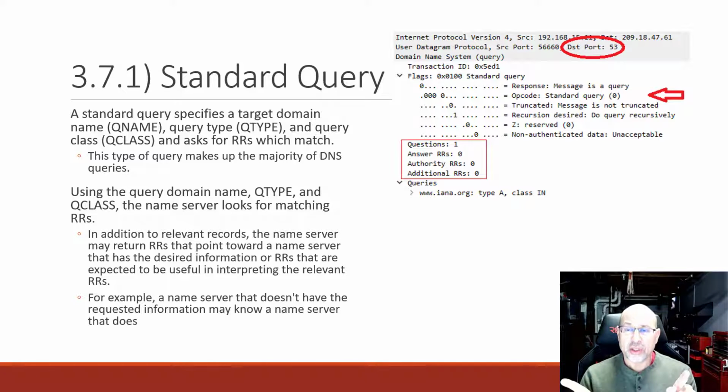So those things that are included here in the query that you can see on the screen, that's the resource record information that we want. So this is the way that the client says, look, I need an answer, and this is the particular kind of answer that I'm looking for. So this is the query type that we're after. And so as we know from the RFC, there are actually a lot of different kinds of types that we can query, with one of the major ones being the address record.